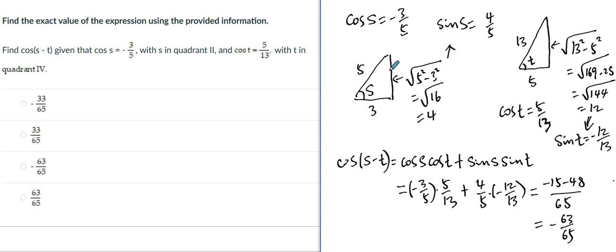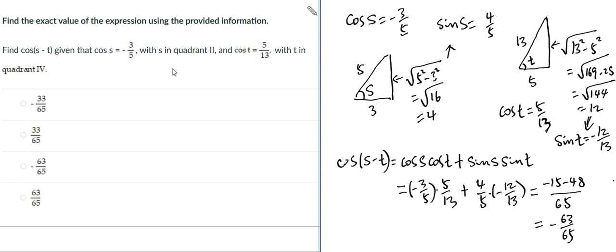Then we know the opposite side by the Pythagorean theorem should be the square root of 5 squared minus 3 squared. 5 squared is 25 minus 9, and 9 is 3 squared. That gives us 16. Choose the radical, we get 4. Then we know the opposite side over hypotenuse will be 4 over 5.